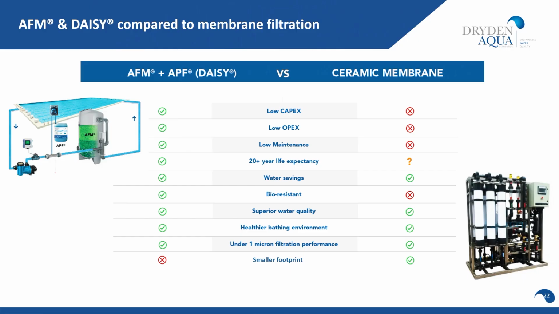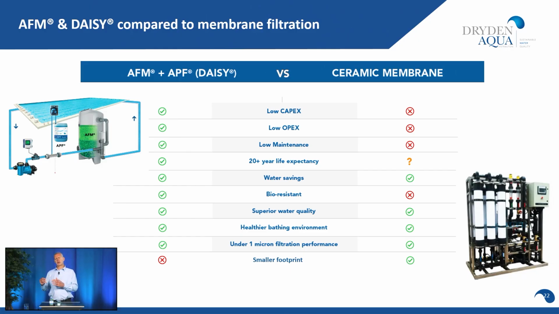Life expectancy, well, we've had AFM in commercial pools in the UK for over 21 years now. I still think it's early days with the ceramic membrane filtration, but from experience talking to others with the Dryden organisation, there are countries that have gone through that process, and ceramic membrane worked very well to begin with, but a lot of these sites have reverted back to media filtration since.